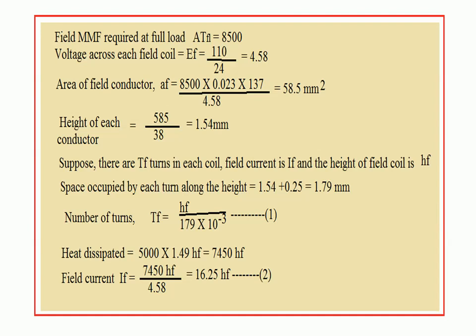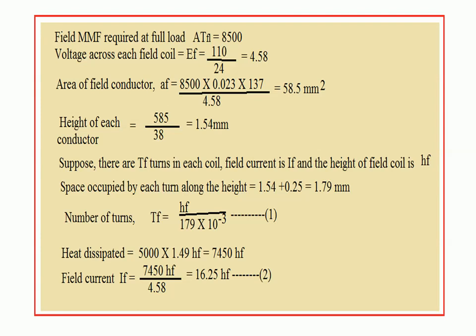Insulation is given 0.25, so 1.54 plus 0.25, you get 1.79 mm. So the number of turns TF is the total height of the field winding divided by the space or height taken by one turn. So we get equation 1.